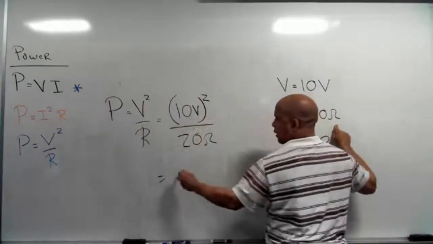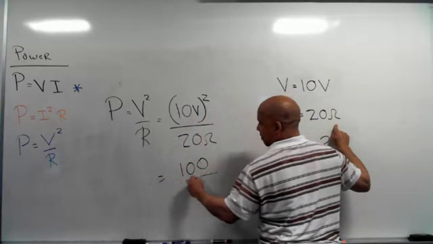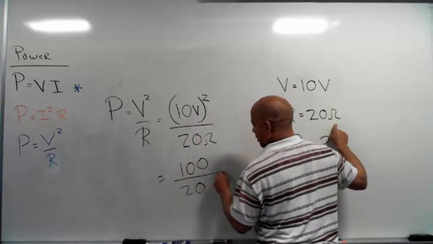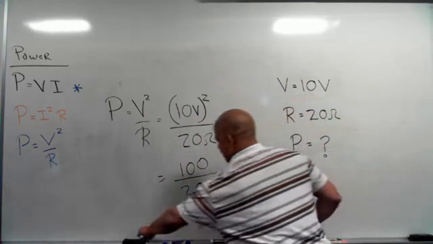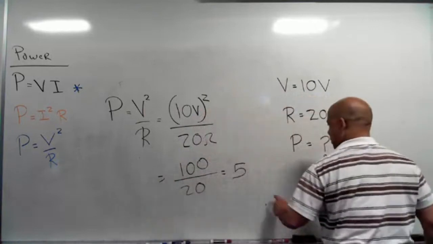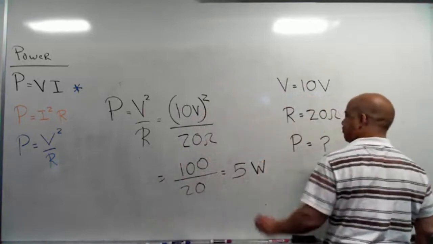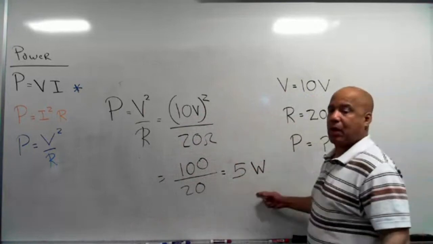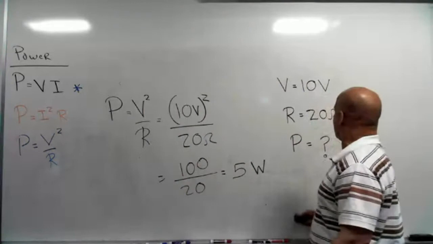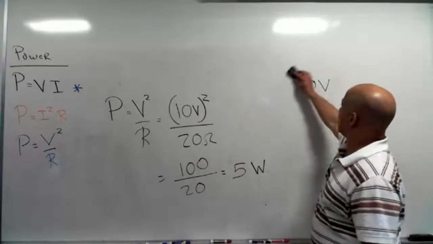On the top, when I square it, I'll get 100 over 20. So that'll give me 5. And my units would be watts. How would I write this as kilowatts? How would I write 5 watts as kilowatts? 0.005.